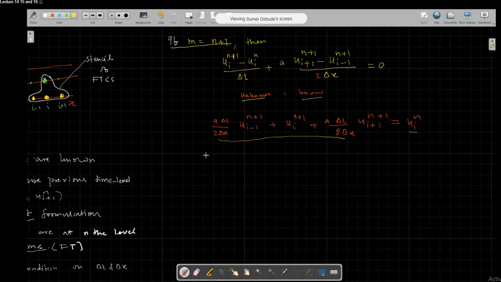So what do you see? There are more unknowns here, 2 or more than 2.